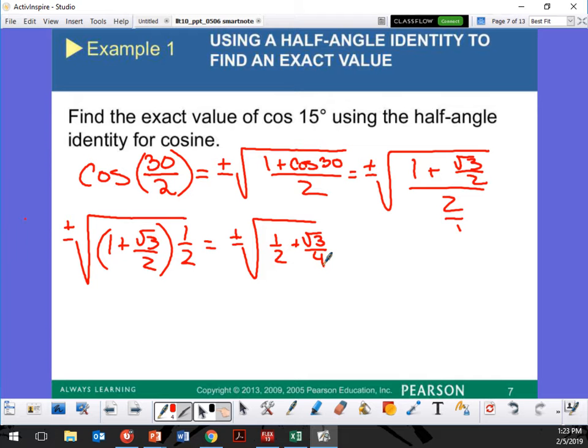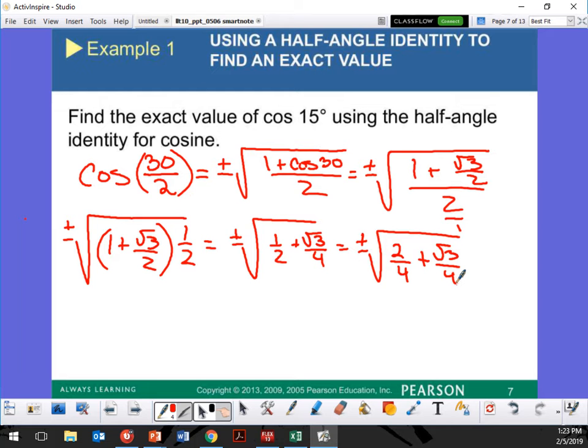This has a denominator 2. This one has a denominator 4. So the common denominator means multiplying top and bottom by 2 over 2. That's going to give me 2 over 4 plus rad 3 over 4. And since they have a common denominator now, I can put them both over 4, right?